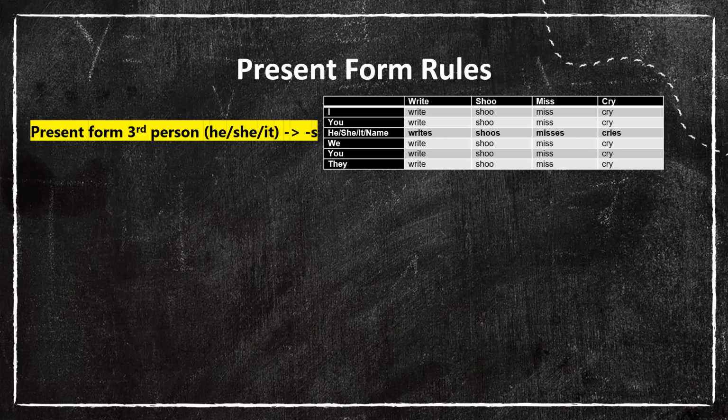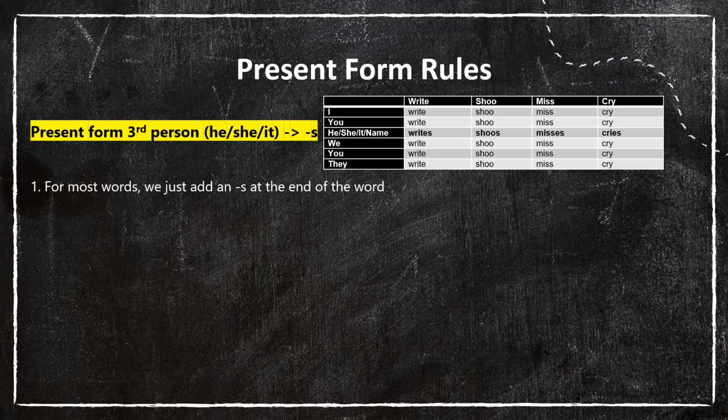You already noticed that some rules have some exceptions. For the first two words, write and shoe, we just added an S at the end. For the third word, we added an ES at the end. And for the fourth word, we just took the Y and replaced it with IES. And these are pretty much the three rules when we form the present tense third person singular.